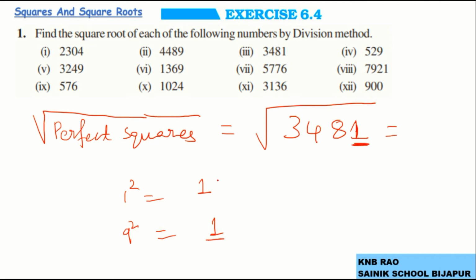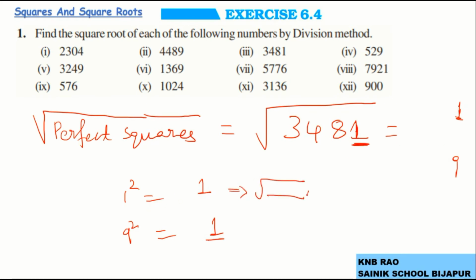So similarly, for a perfect square ending with 1, its square root either ends with 1 or it should end with 9. So this is what we learned.